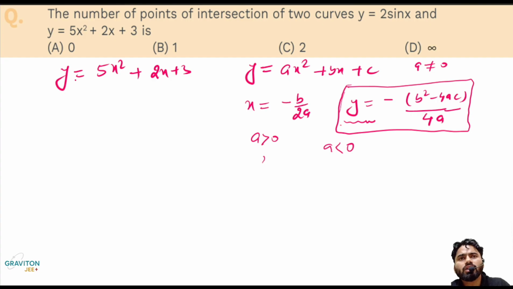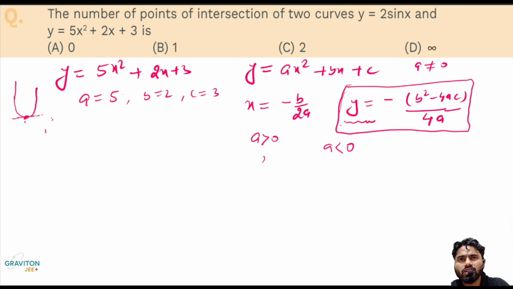So here what is your a? a is equal to 5, b equal to 2, c equal to 3. So calculate. Here a is positive, 5 is greater than 0, so your parabola will be facing upward, and when your parabola is facing upward, at this point you will get the minimum value. When we talk about the value of the function, we always talk about the y value of the function at a particular x.